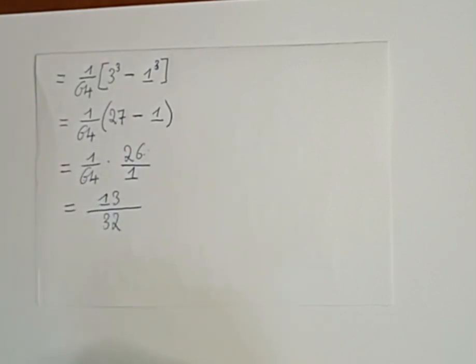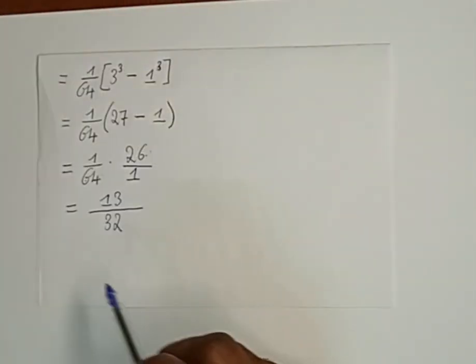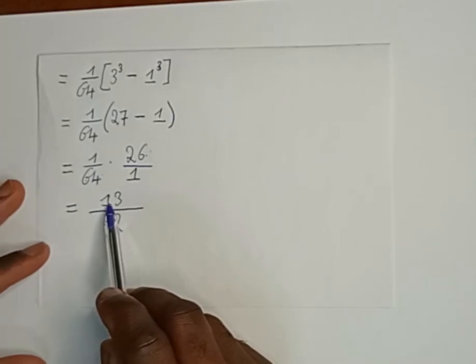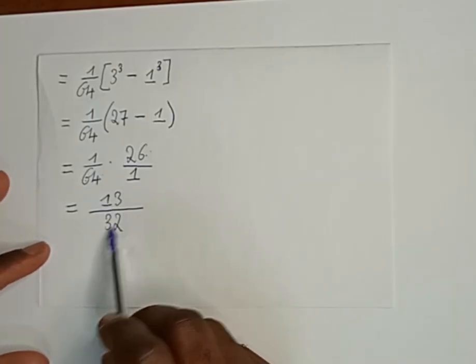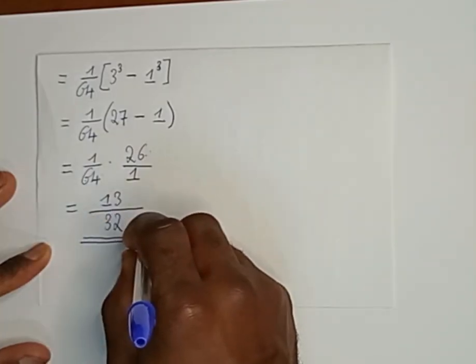Therefore, the probability of 1 less than or equal to big X less than or equal to 3 is simply equal to 13 all over 32 as a fraction. We underline the answer.